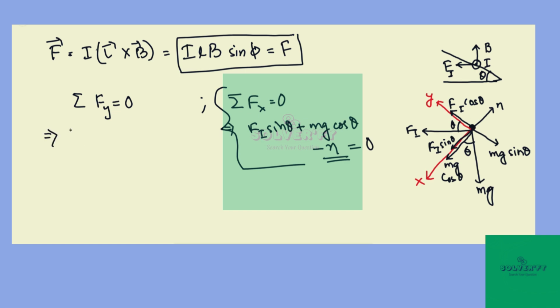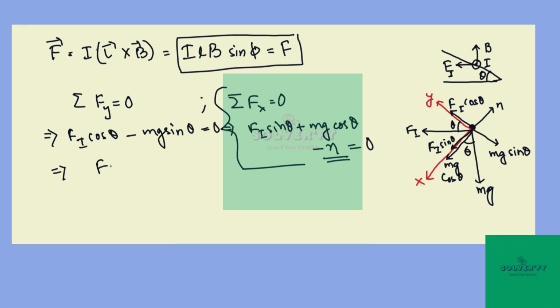F cos theta, which is in the positive y direction, minus mg sin theta. The minus sign is because mg sin theta points in the opposite direction to this force, and this should be equal to 0.